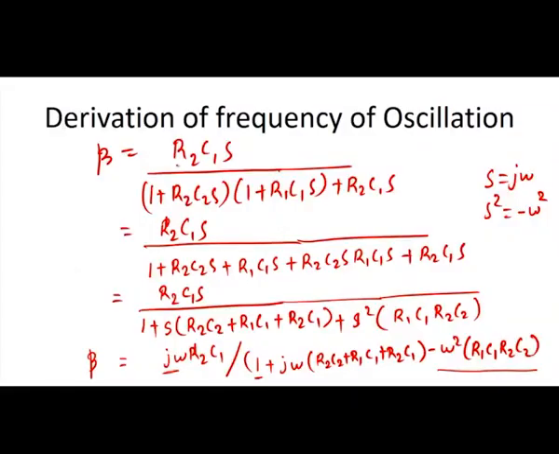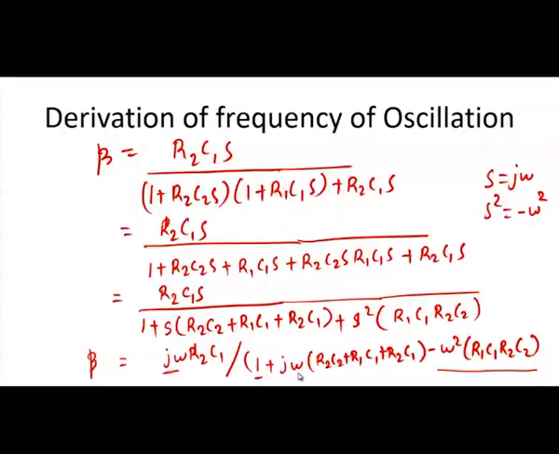And now we have to calculate the gain, for which we need the remaining part of beta. We have equated the real term of the denominator to 0, since the denominator and the numerator must have the j part to cancel out for the beta term to be real.